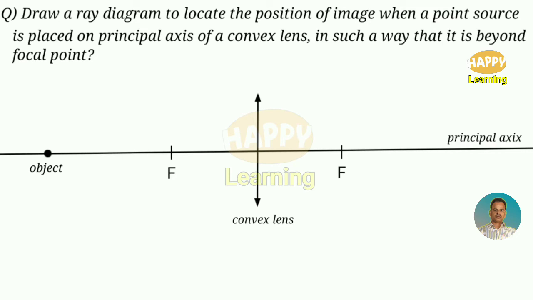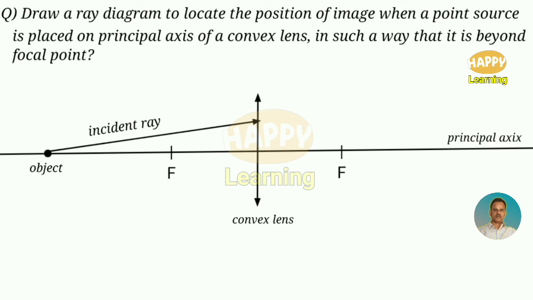Draw any one ray as an incident ray from this object onto the convex lens. For example, I am drawing this ray. Okay, this is incident ray from the object onto the convex lens. With this one ray, it is difficult to decide the image position.